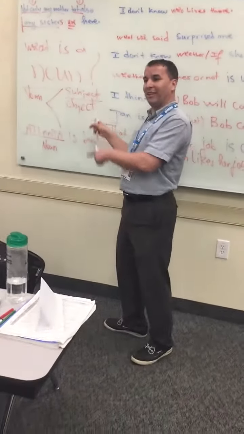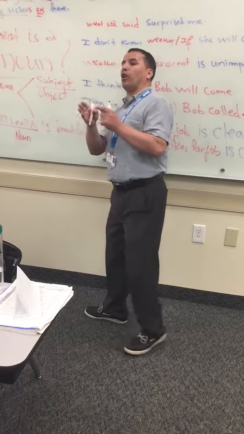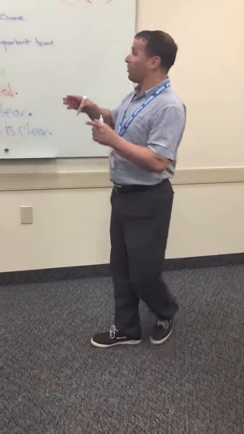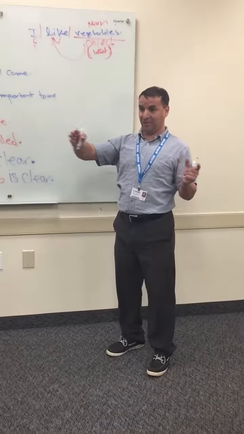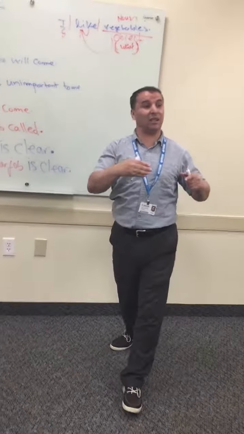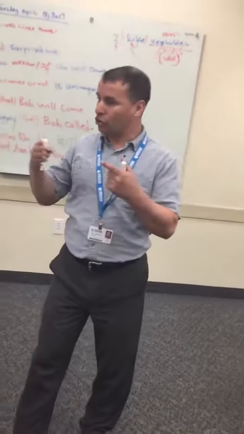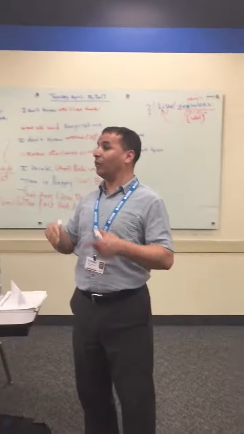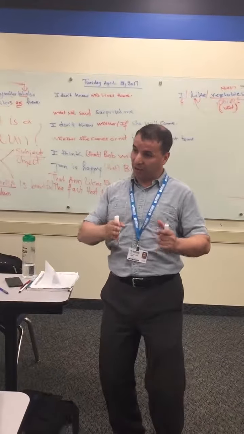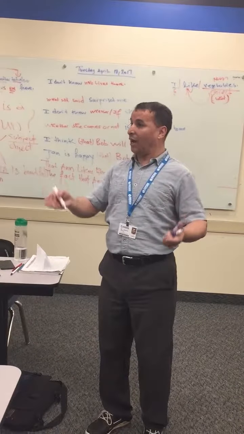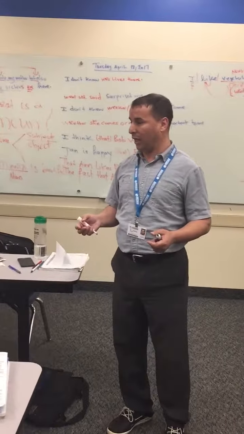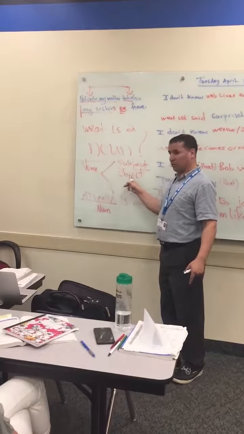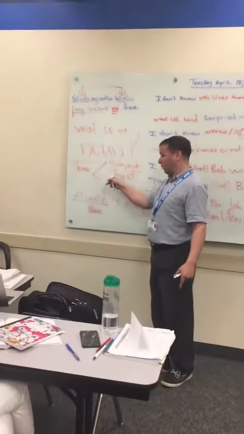There is a reason why we're doing this. Because we're going to move from talking just about single nouns to actually noun clauses. So to understand the concept of a noun clause, you need to understand what a noun is and what a noun does. That way when we're talking about a noun in a clause, you're not confused. So it can be a subject, it can be an object.